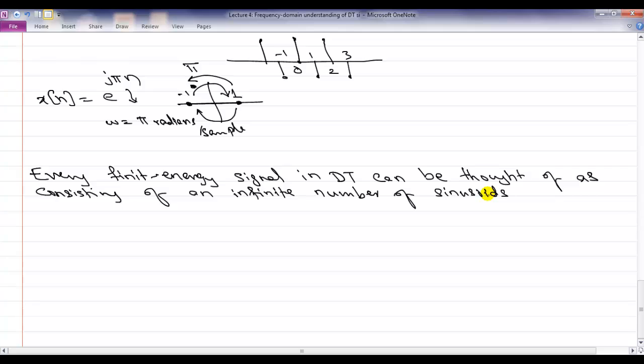The sinusoids you can think of them as either cosine or sine or complex sinusoid e to the j omega n. That's what we will work with.